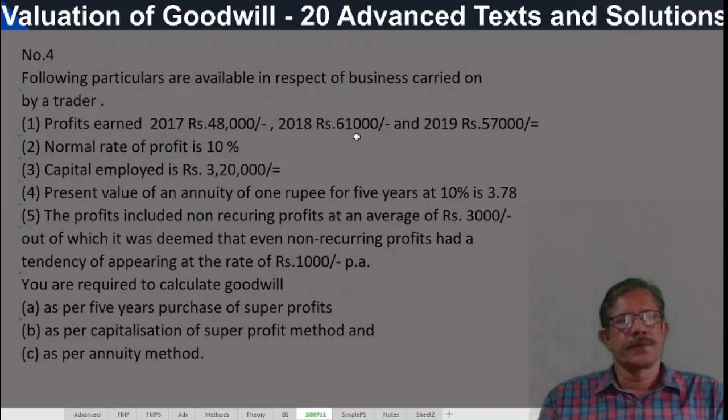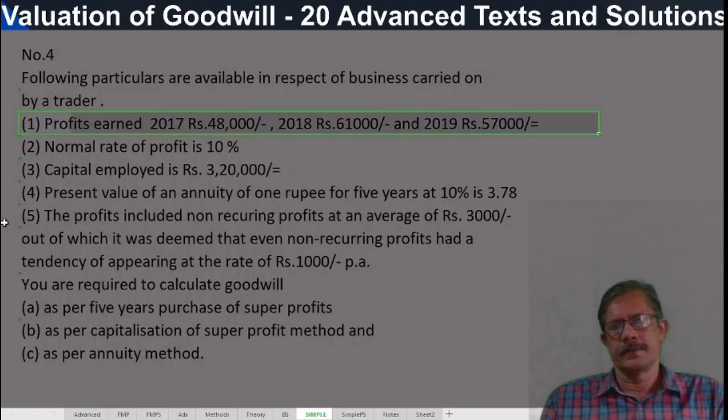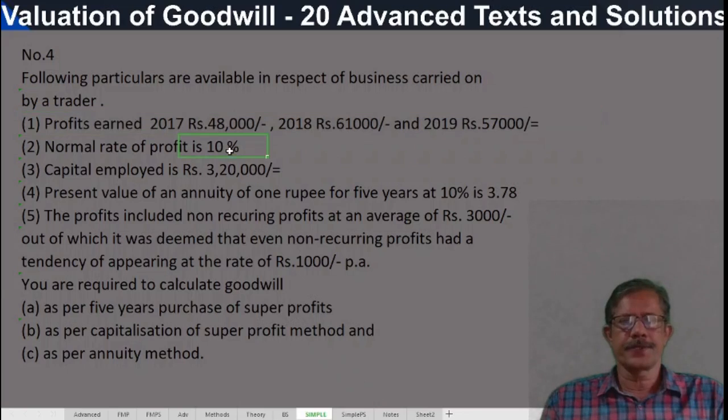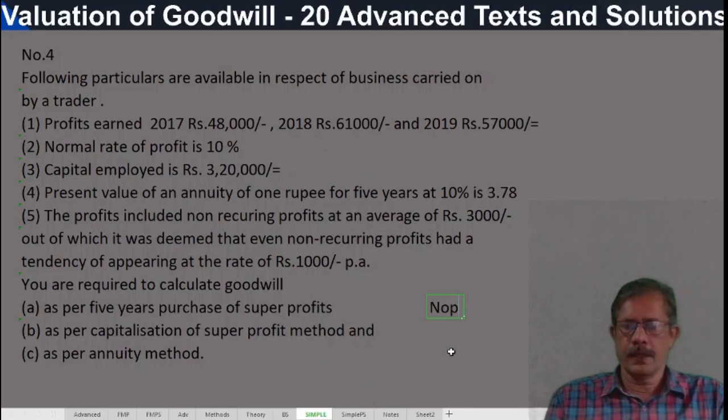Next. The following particulars are available in respect of a business carried on by a trader. Profits earned are given. Normal rate of profit is 10%. Capital employed is 3,20,000. So normal profit is how much? 32,000.